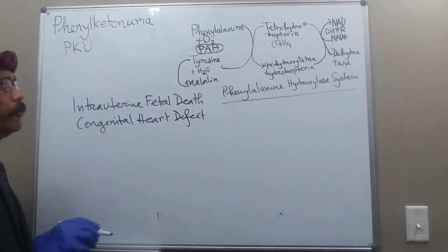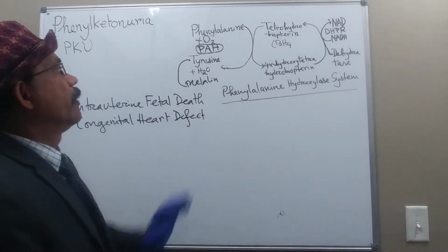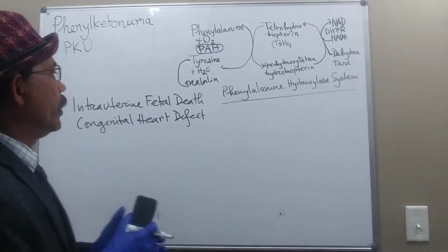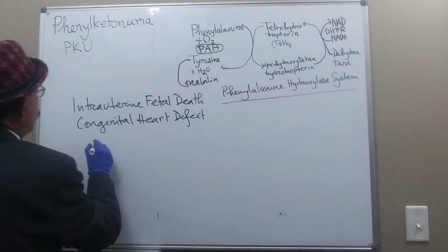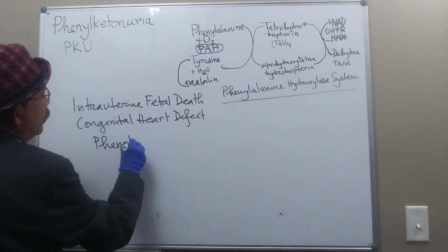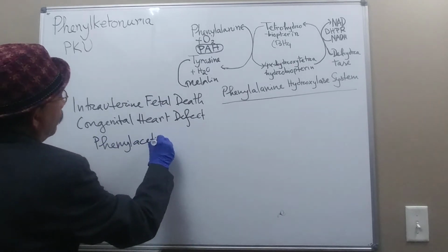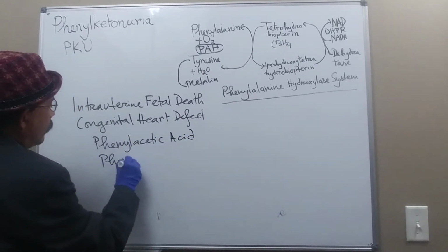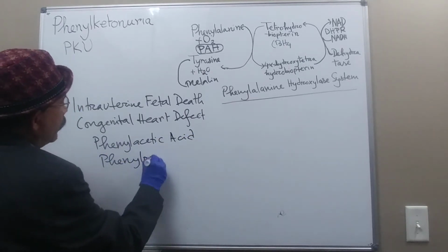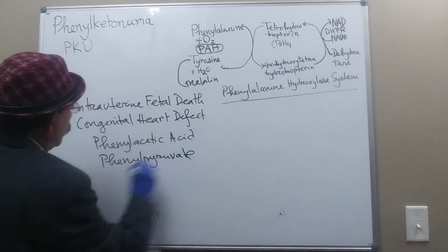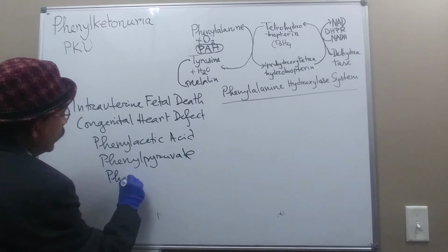Also, because of lack of phenylalanine hydroxylase, there will be intermediate metabolites like phenylacetic acid, phenylpyruvate, and phenyllactic acid.